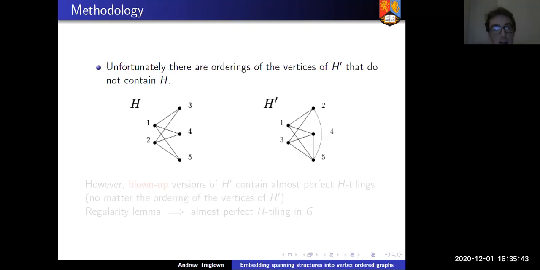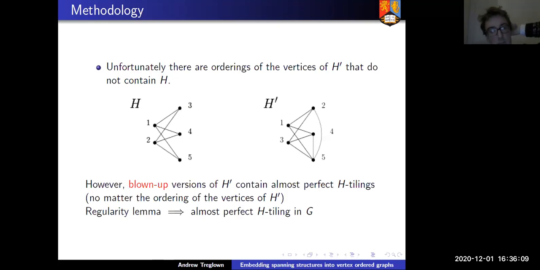Because you can easily label H prime in such a way that it doesn't have a copy of H. In H, you've got the edge 1, 3, but in H prime, you don't have the edge 1, 3. So it's no good just taking your favorite H prime and hoping, luckily, that the numbers work out and H actually lies in H prime.